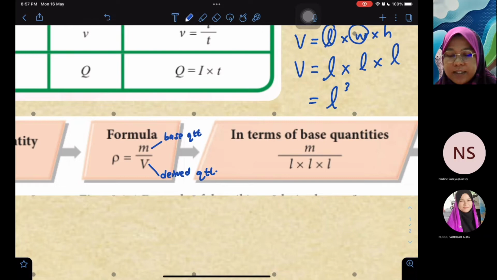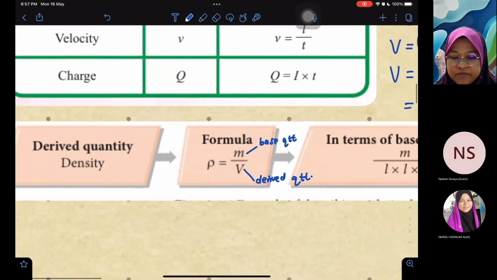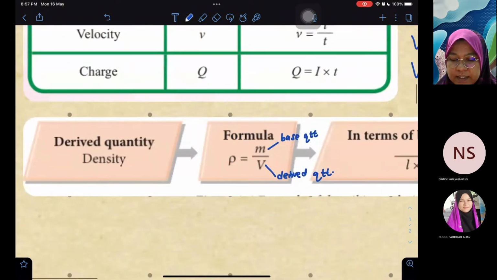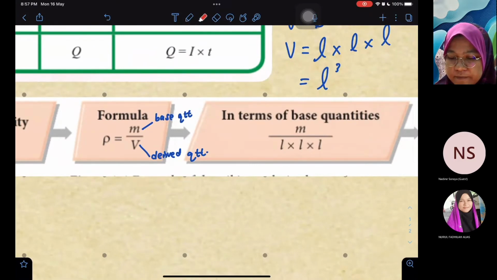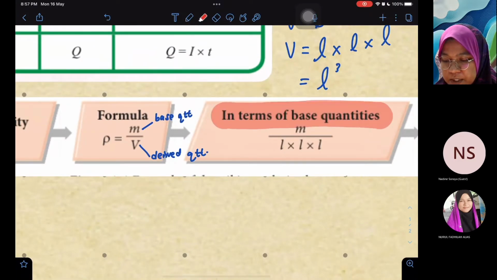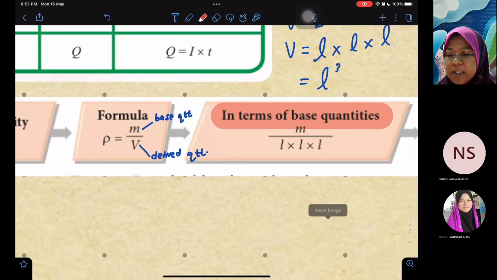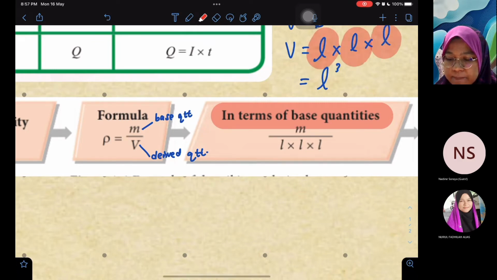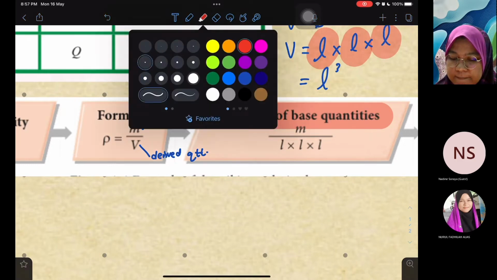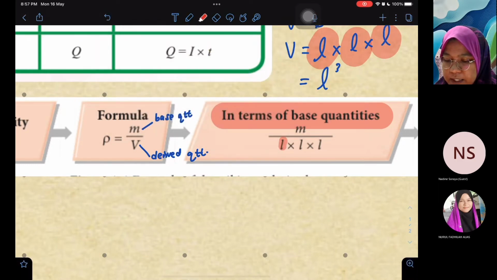Jadi kalau soalan kata, write down the formula of density in terms of base quantity, maksudnya dia nak kita letakkan nama-nama base tu sahaja. Jadi kita tulis volume lah, tapi kita tahu volume kita derive daripada length times length times length.